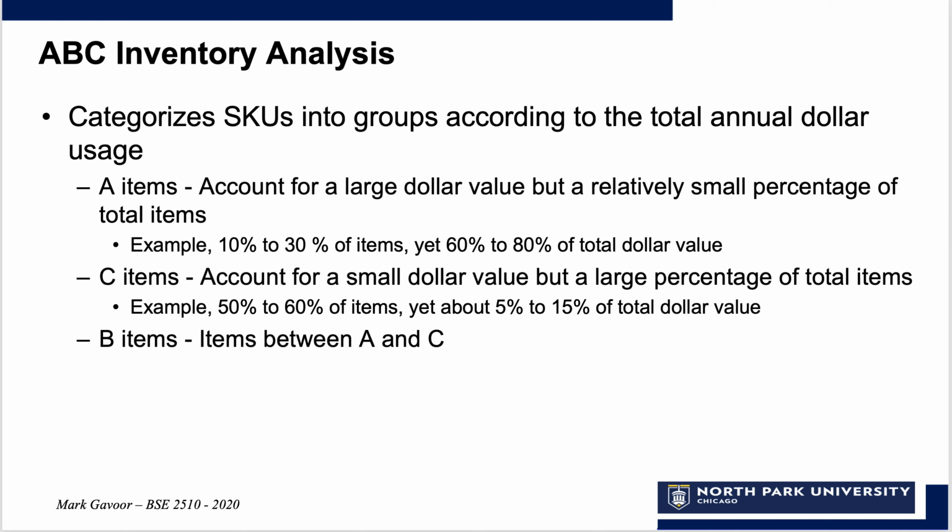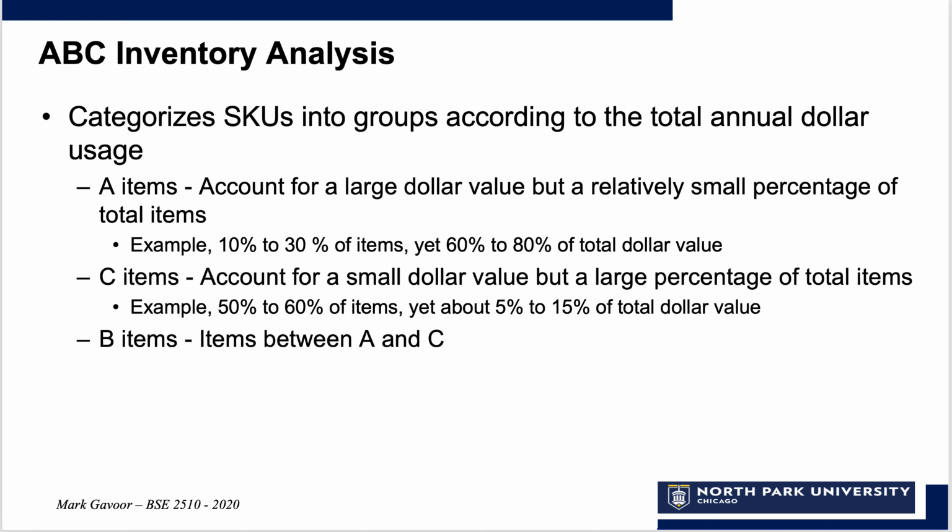So it's a decreasing ordering of items. Your A items account for a large dollar value, but a relatively small percentage of the items. Example, 10 to 30% of the items account for 60 to 80% of the total dollar value. It's kind of a Pareto's law here.